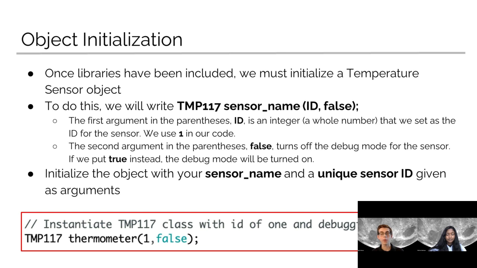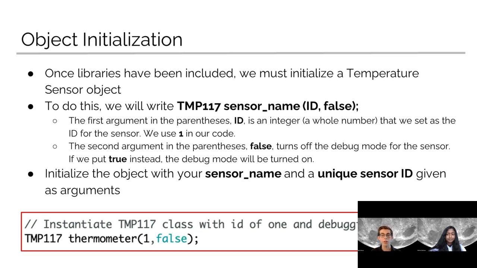So after we include our libraries, we want to initialize objects, and we want to specifically initialize a temperature sensor object. To do this, we write TMP117, sensor name, and then in parentheses, ID, false. In those parentheses, we have something called arguments, which is basically us setting the attributes of our TMP117 object. In this case, the first argument is ID, which is an integer or whole number that we're setting for the ID of our sensor.